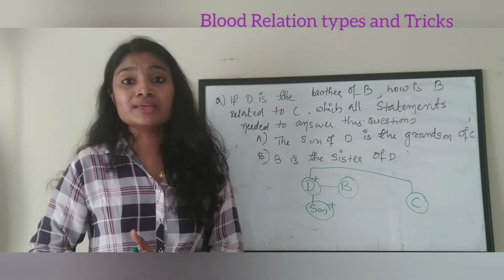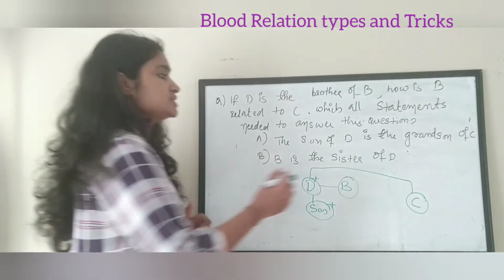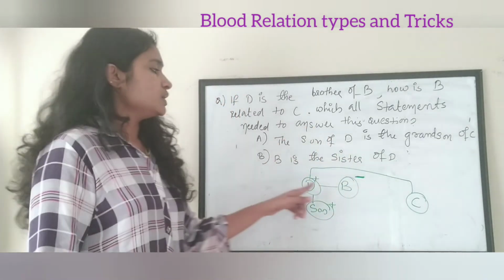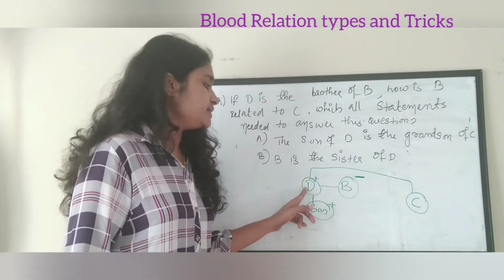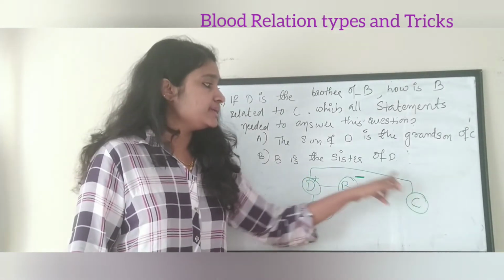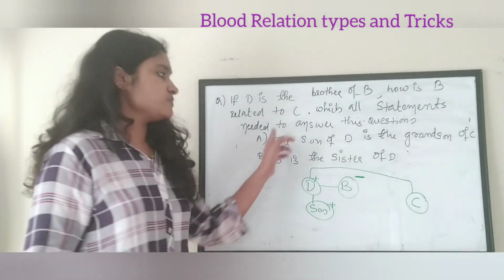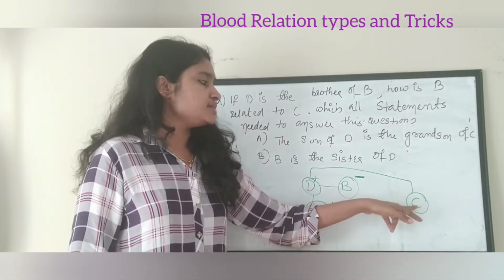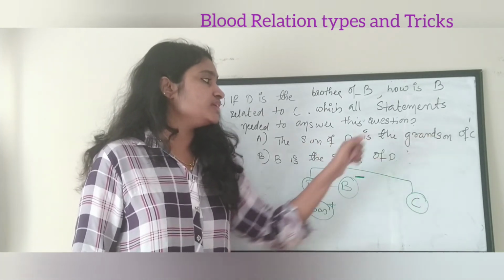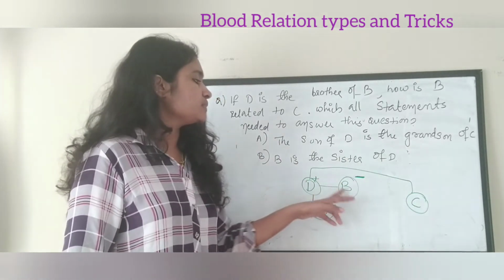The statement 2 given is, B is the sister of D. So from this it is very clear that B is a female person. Now B is a female, D is a male. These two are brother and sister, and C is either father or mother of this B and D. Because from the first statement it is clear that the son of D is a grandson of C, means C will be either father or mother of these two.